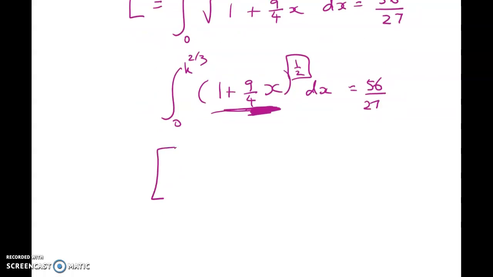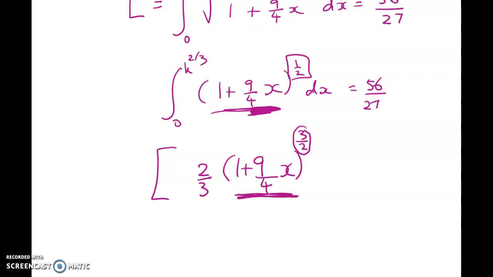So integrating, I'm going to leave a bit of a gap. We'll have something, 1 plus 9 over 4x, to the power of 3 over 2, right? Increasing the power by 1. When I differentiate, this is going to give me a 3 over 2. So I undo that with the reciprocal. Similarly, when I differentiate the inside function in my head, I'm going to get 9 over 4. So we undo the 9 over 4 with 4 over 9.